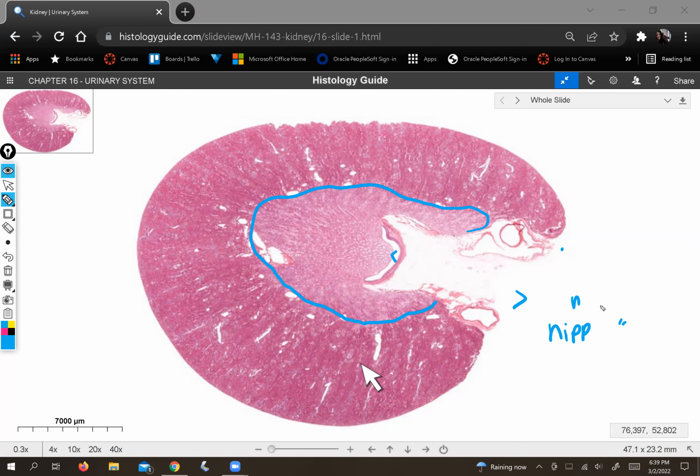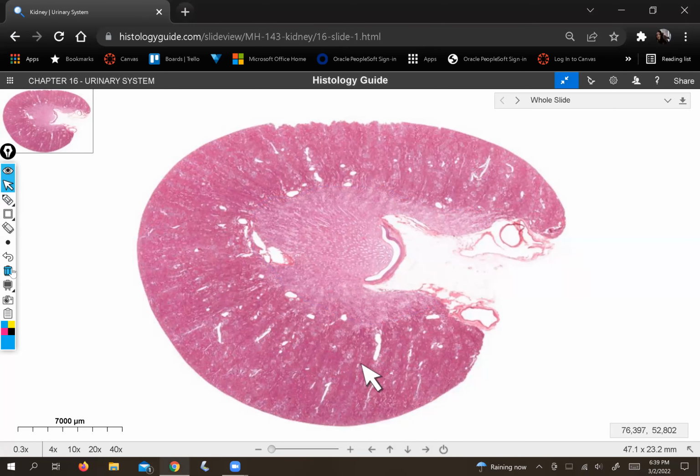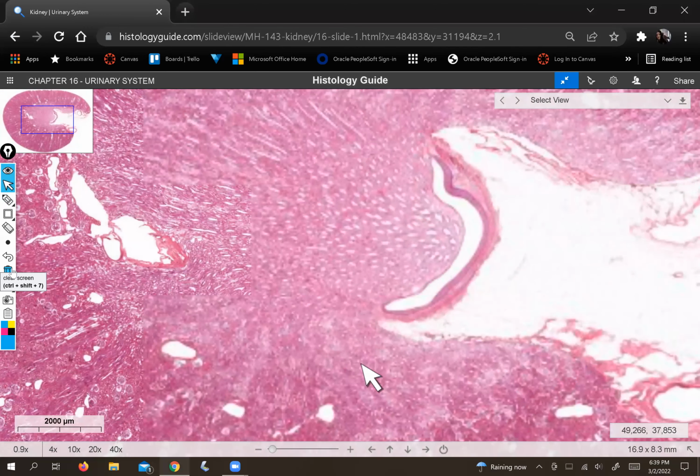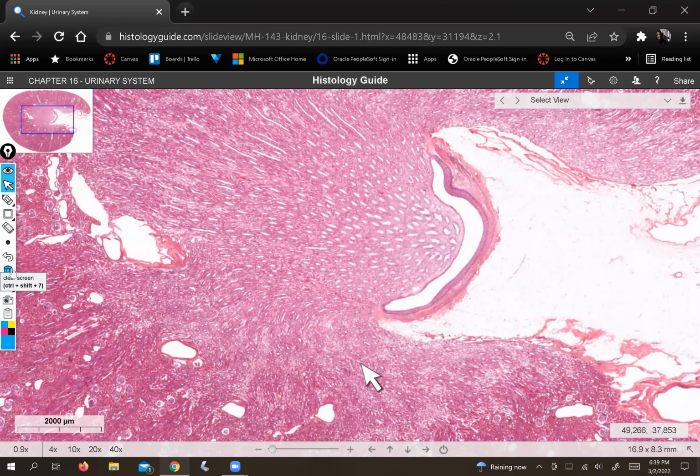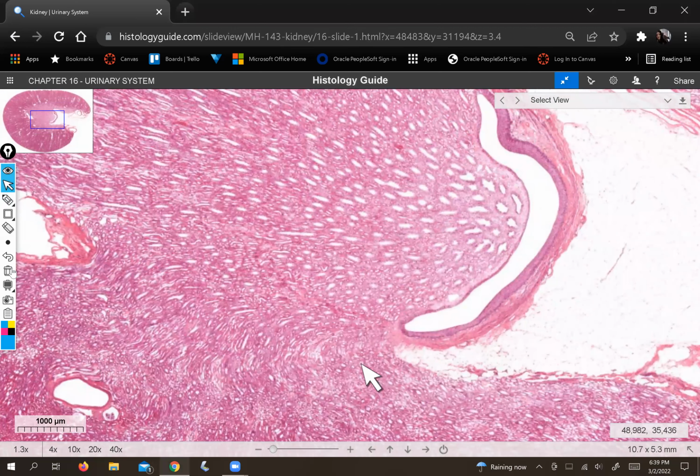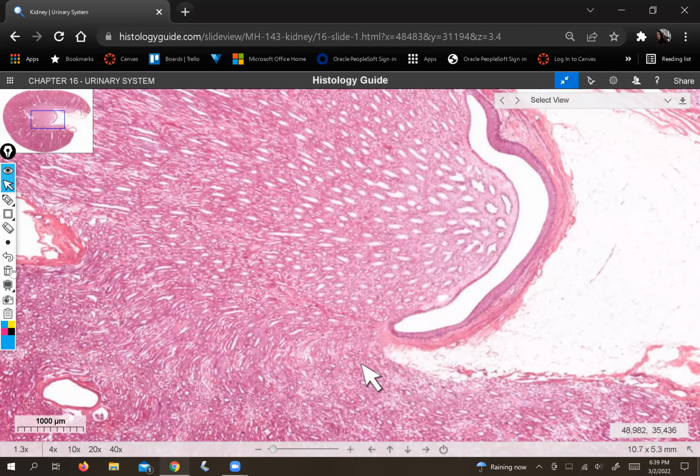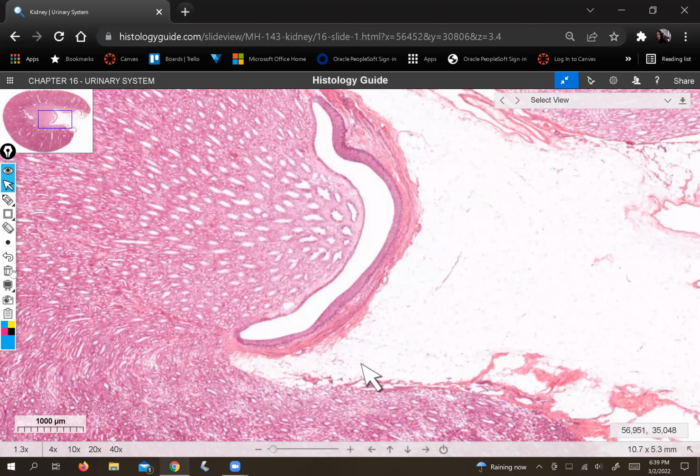So I'm going to zoom in on the cortex and show you the DCT versus PCT stuff, but real quick, I do want to just zoom in on this area here because there's another thing you can see that is pretty cool that you can't see in a whole lot of other kidney slides. So let's wait for that to buffer. Although it's not visible here, because you can't see where this space goes to, you can see the space.